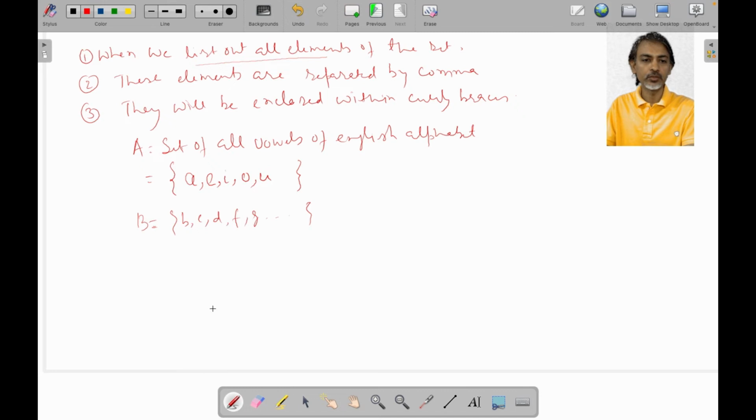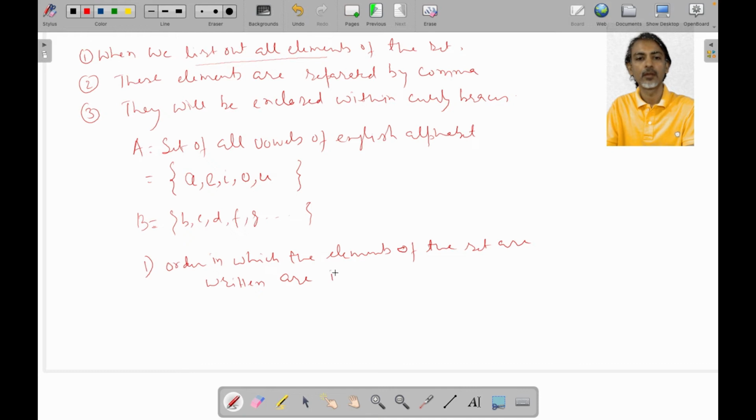There are a few things to be noted. One is that the order in which the elements of the set are written is immaterial. So what do we mean here?